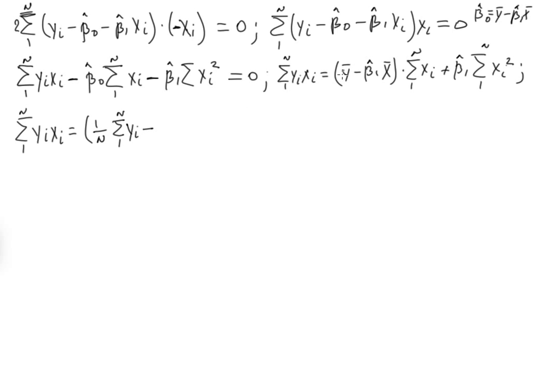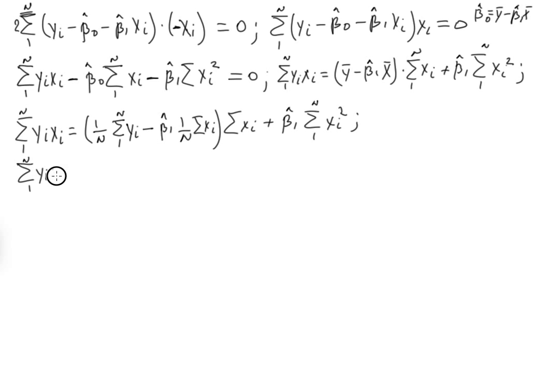This is the sample mean, which is y bar here. Then here, beta 1 hat times 1 over n times the sum of xi's, originally, plus beta 1 hat, we'll leave that expression as before, the sum of xi squared. Now let's multiply the sum of xi's in, and let's see what we can do further.